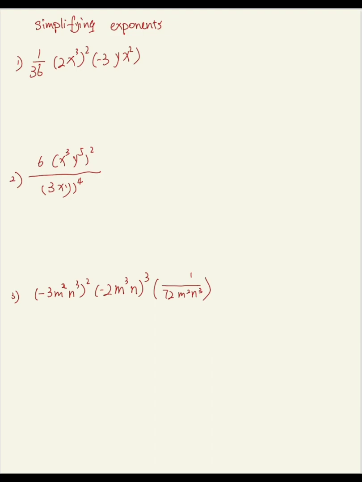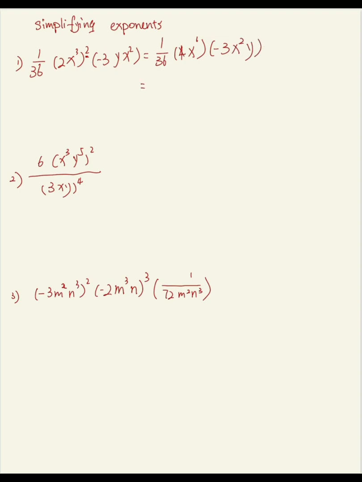Try to simplify this exponent. For this exponent we have variables, higher order exponents, and coefficients together. Let's see the first one. We can solve this exponent first. So we can rewrite this one as 4x to the 6, and then minus 3x squared times y.